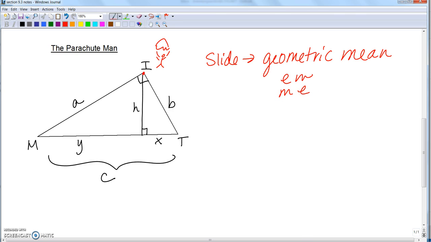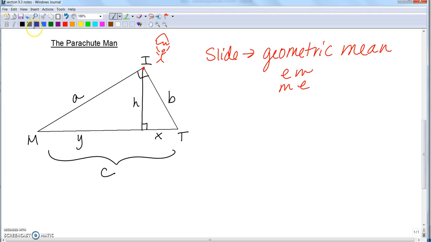So I want you guys to set up 3 blank proportions, 3 sets. So here's one, we're going to have a second one, and then we're going to have a third. Now, let's talk about what happens if he slides down the left. If he slides down the left, then A is his slide. So that's going to go in the mean spot.